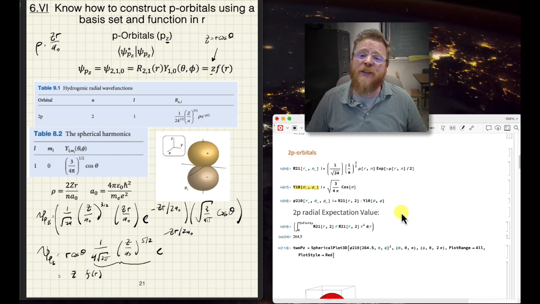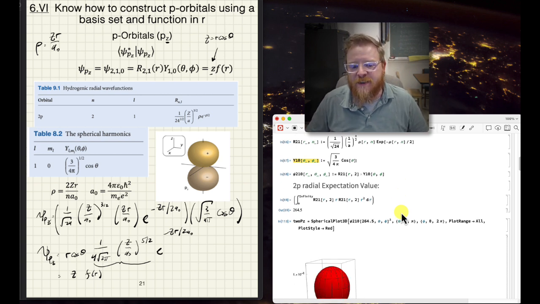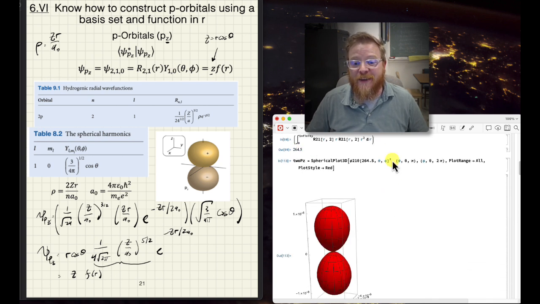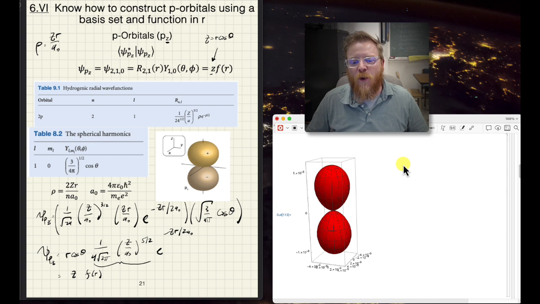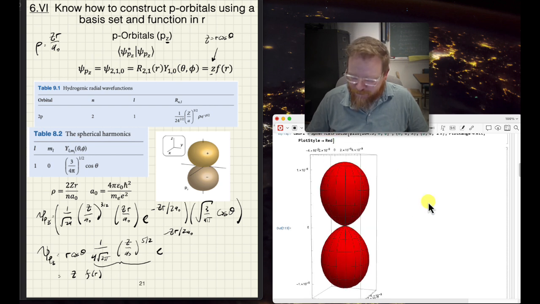And to make this easier to view, we're just going to look at it at the expectation value of the radius, so giving it a constant radius of 264.5. And now when I take psi squared, right, because remember the orbital is psi star psi, and here I just squared it because there's no imaginary numbers, lo and behold, we get this beautiful p orbital shape.